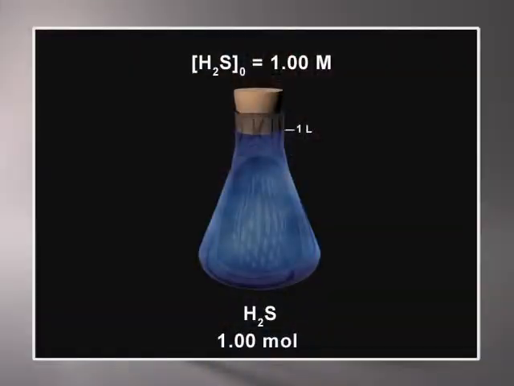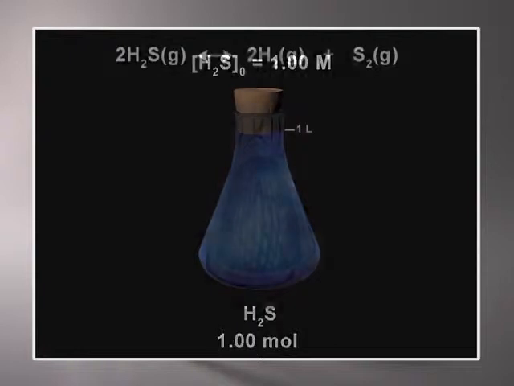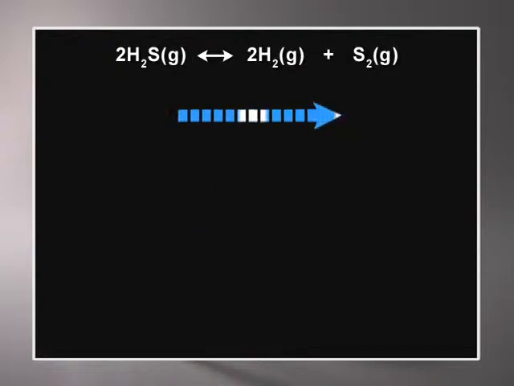If I put nothing but H2S in the container initially, and that's what the problem says, 1 mole of H2S is placed in a 1 liter container, that system cannot possibly be at equilibrium because there are no products. So the system is going to shift to the right. H2S is going to decompose to form hydrogen and sulfur.